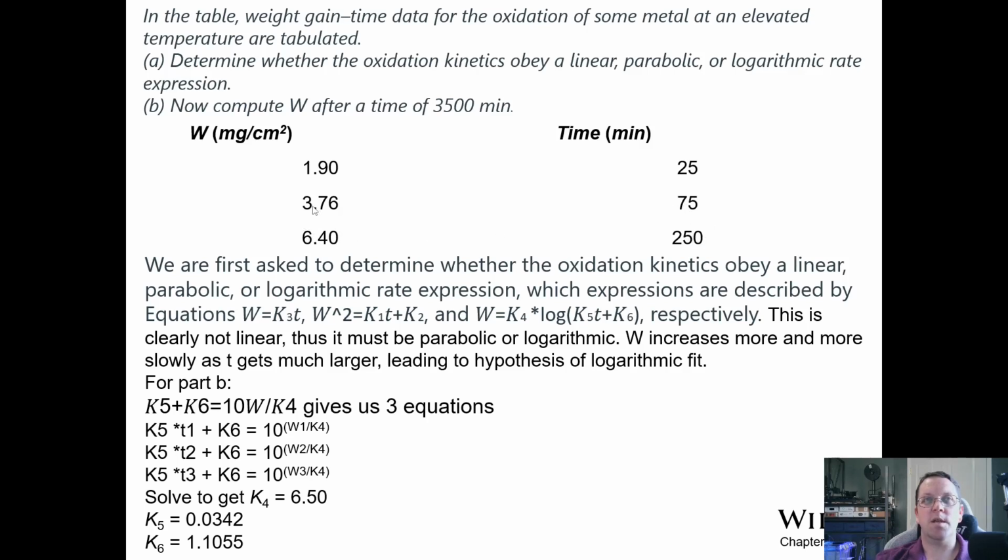So what we can see is we're way less than 2. So we're not progressing linearly. We're not moving in a linear scale anymore, because this should be a much larger number at 250.